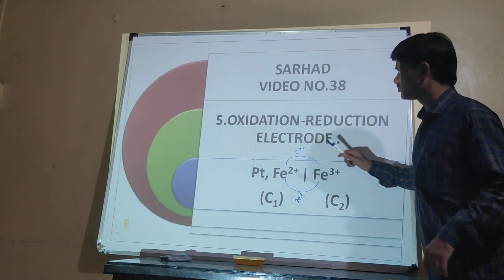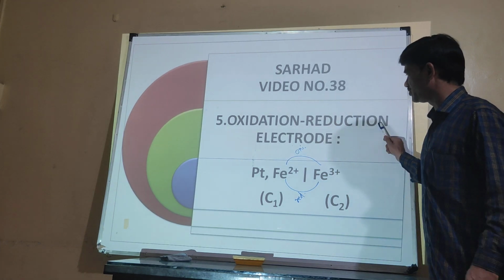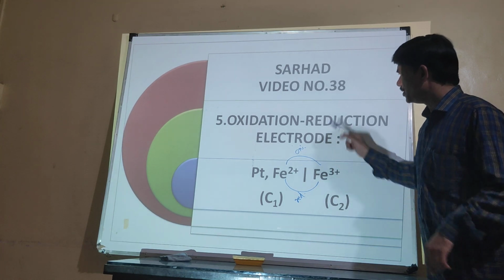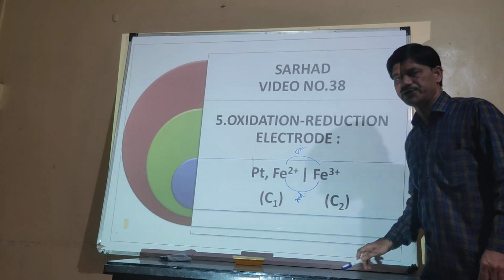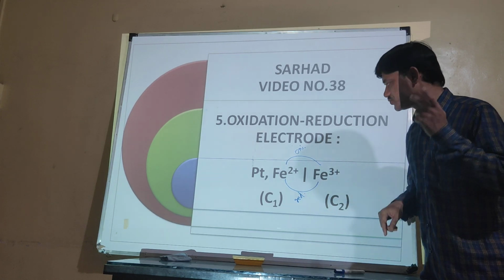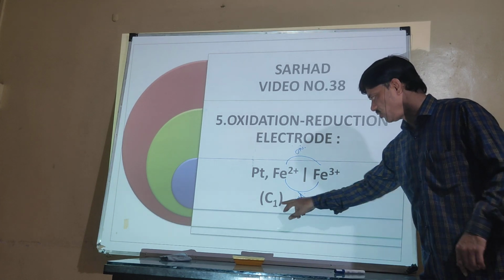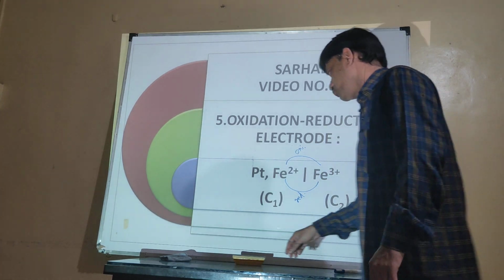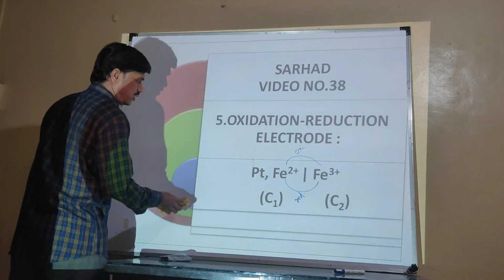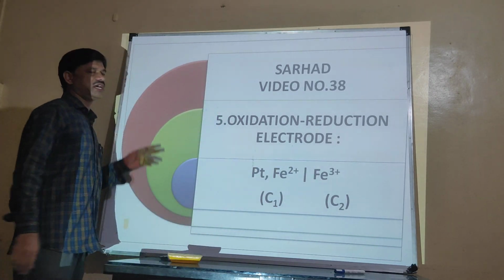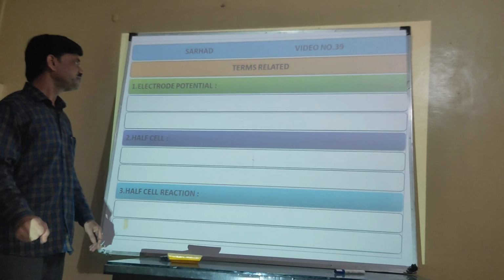So such a construction becomes an oxidation reduction electrode. What do you have to remember here? In an oxidation reduction electrode, the same metal is present in two different oxidation states, and along with that you have to represent their concentrations. So this is known as the oxidation reduction electrode. These are the 5 different types of electrodes.